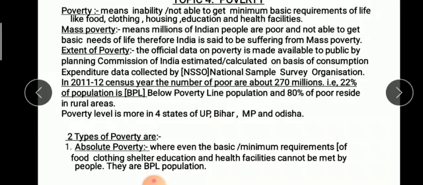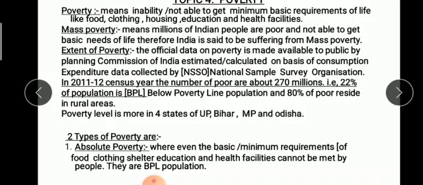Then let's come to the next question. What are the 2 types of poverty? They are absolute poverty and relative poverty. When you describe absolute poverty, it is a situation where even the basic or minimum requirements of food, clothing, shelter, education and health facilities cannot be met by the people.